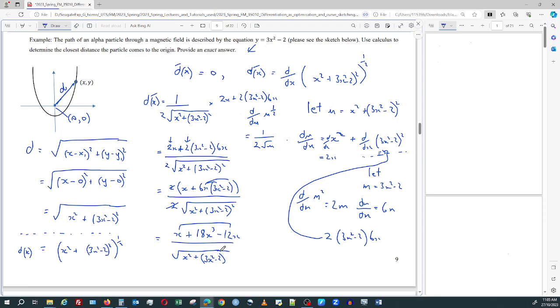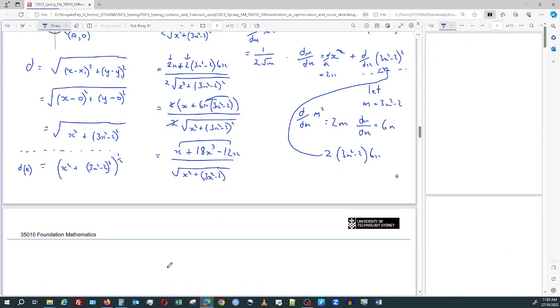Now, adding like terms. So the final result we're going to get is going to be, I'll put it here, 18x cubed minus 11x over, so that's our final derivative.